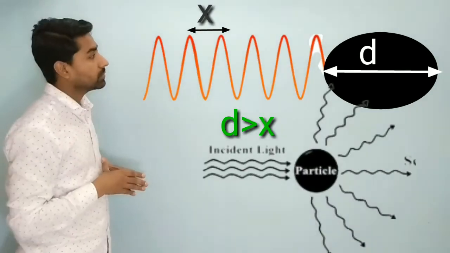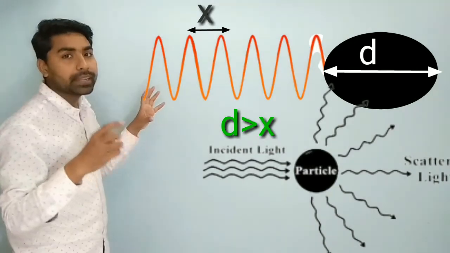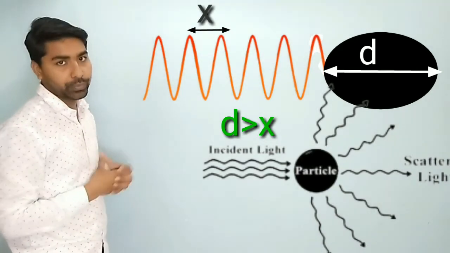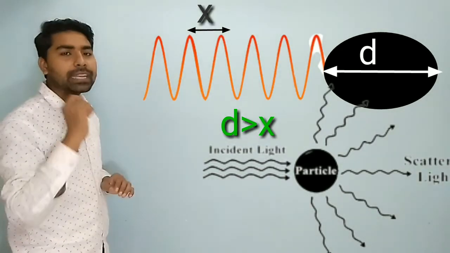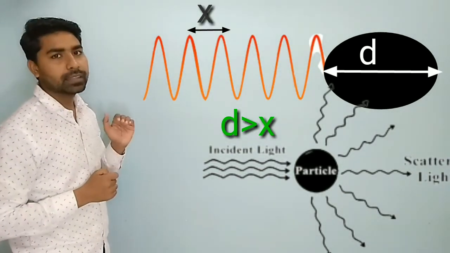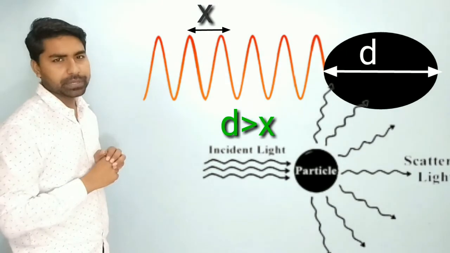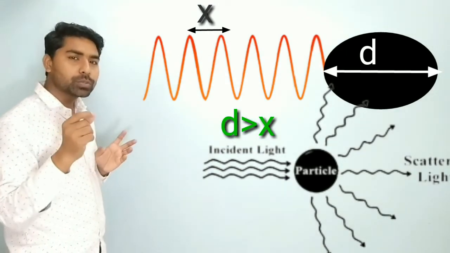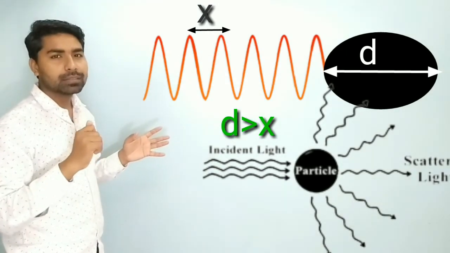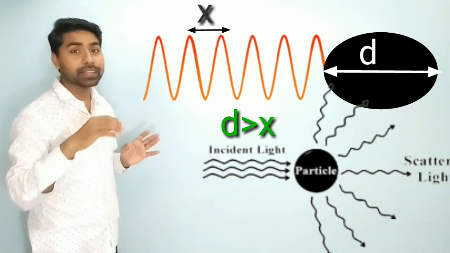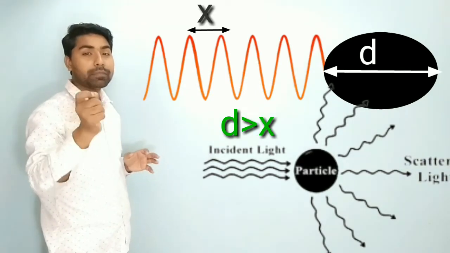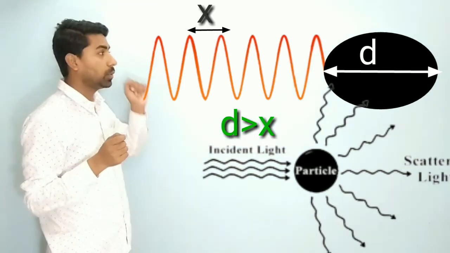Again listen, how can there be maximum scattering? As I said, the diameter must be greater. The tiny particles in the sky have a very small diameter, so for this phenomenon to happen, the wavelength should be smaller than that. So you can imagine how small the wavelengths are.